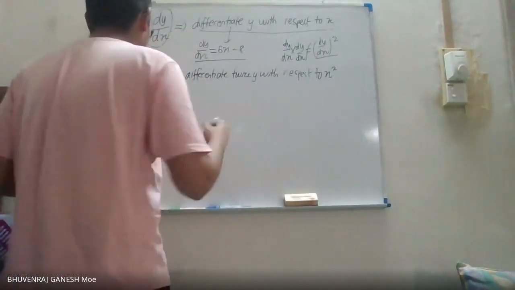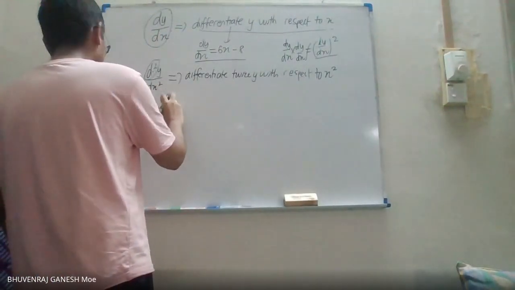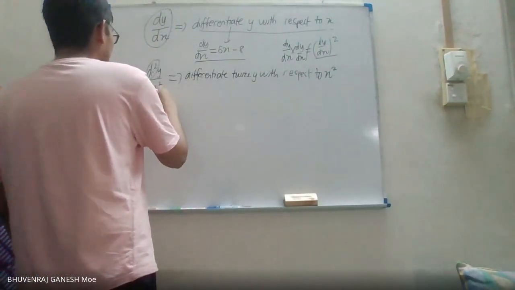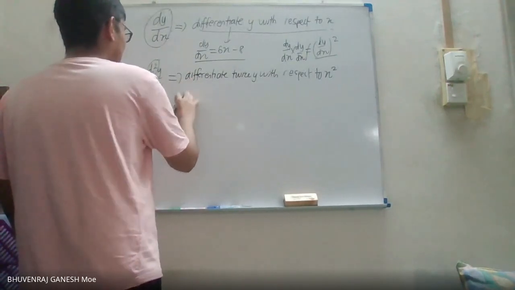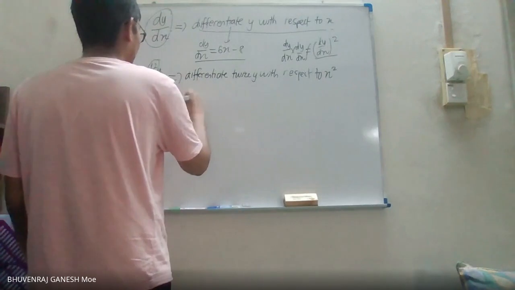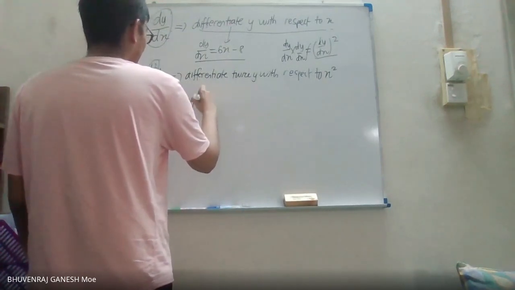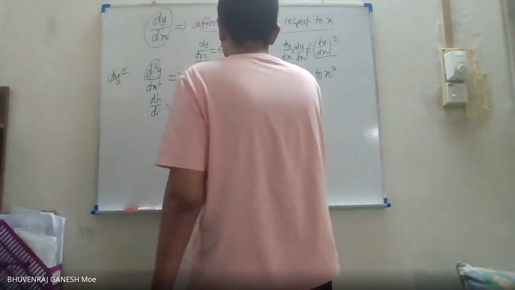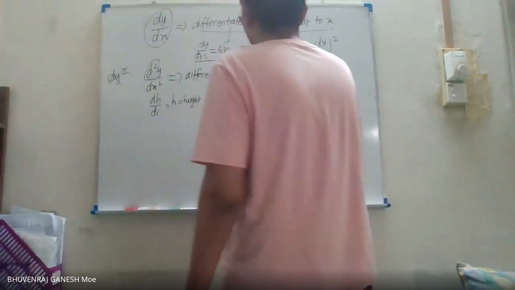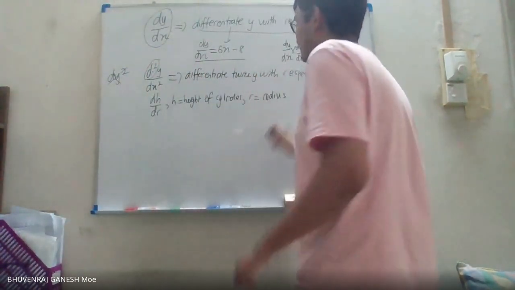Okay, so another example, dh over dr. I give you this, what does it mean? Where h is equal to the height of a cylinder and r is the radius. So how will you read it?